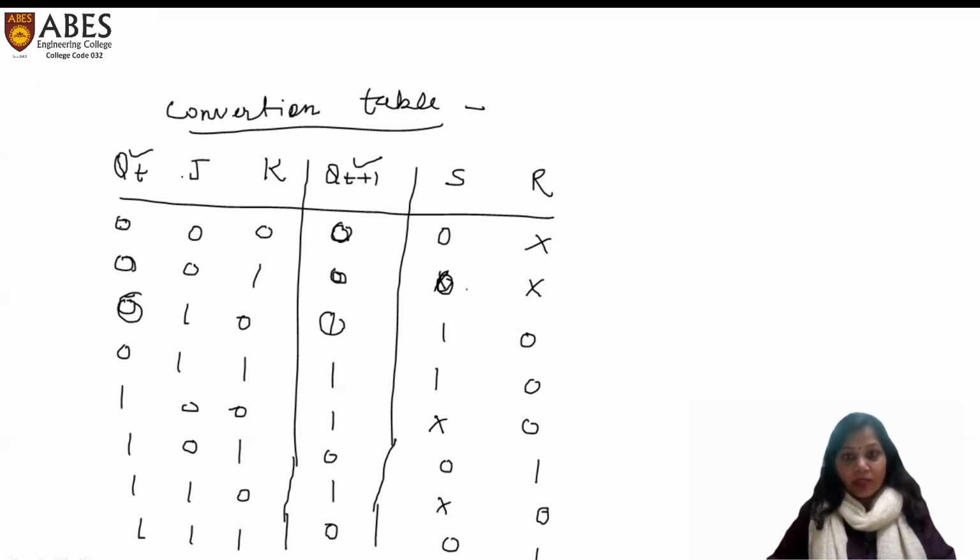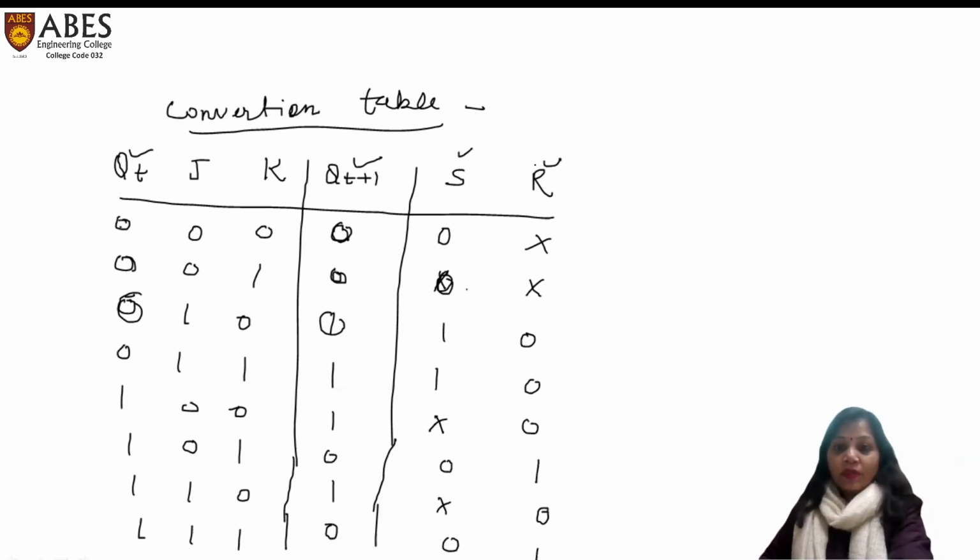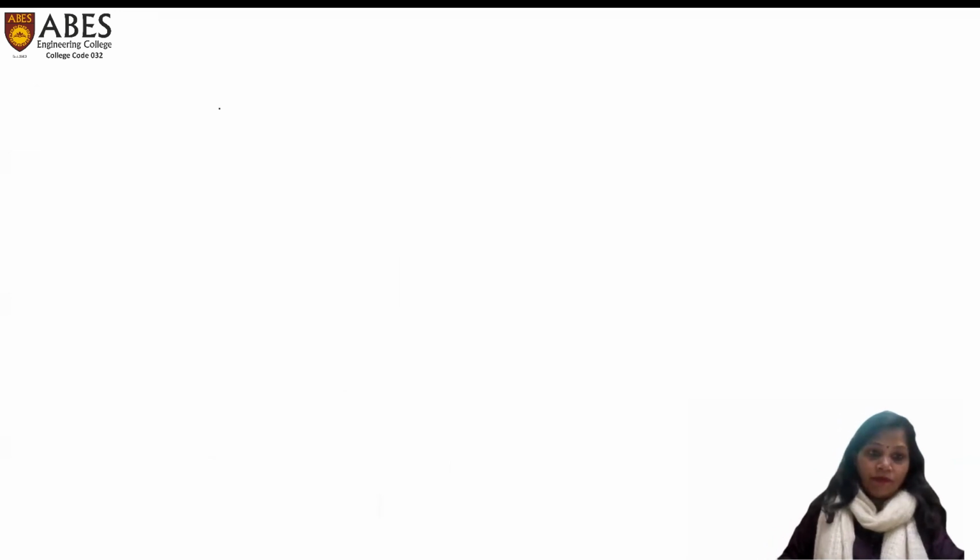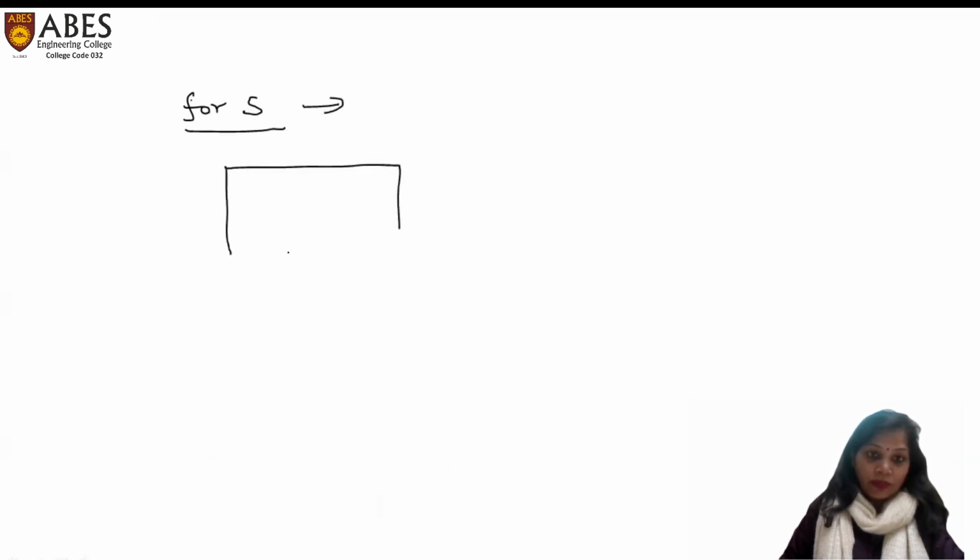Now the next step is to simplify the S and R equations with the help of K-map. For the K-map of S, we have three inputs Qt, J and K, so we make a K-map of 8 cells.